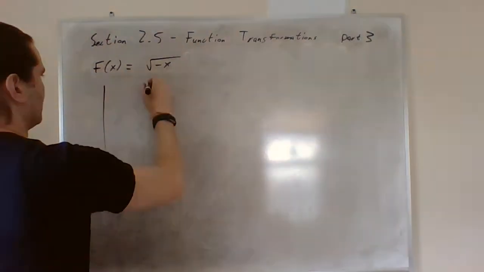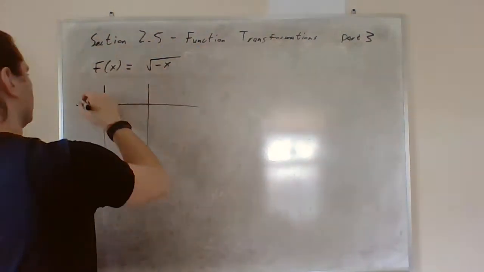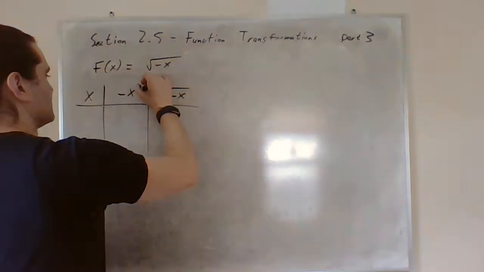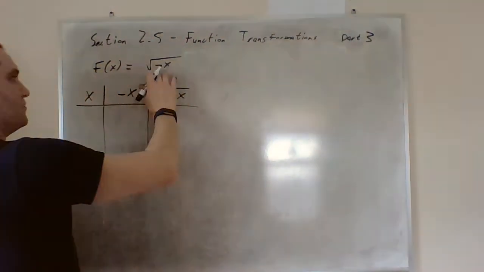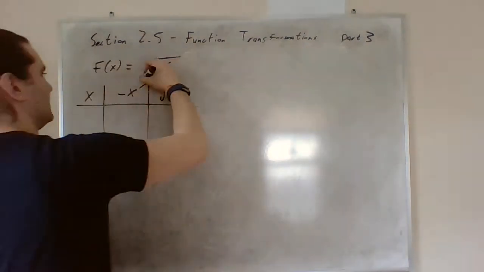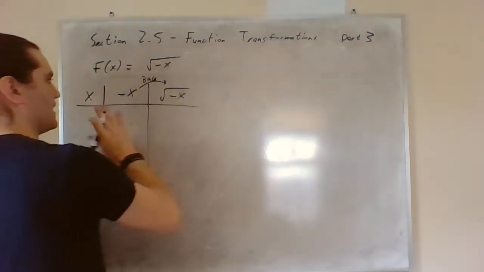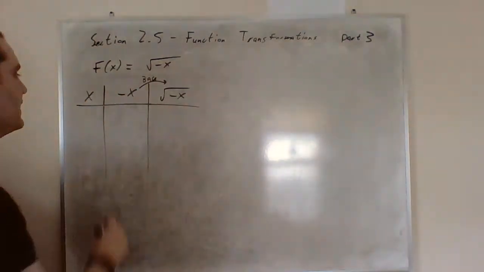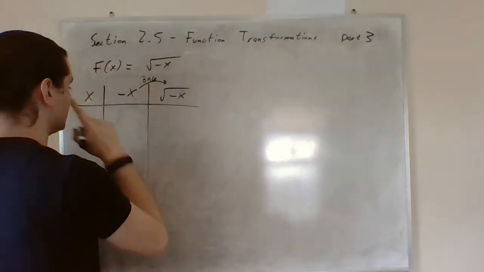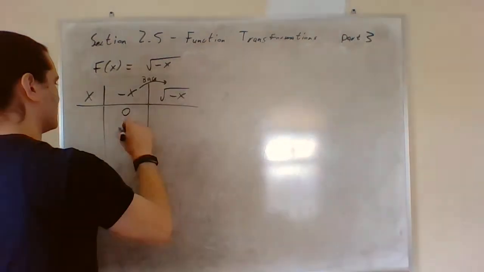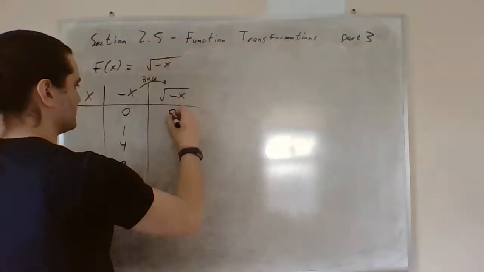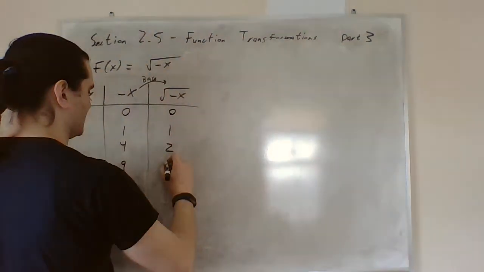We're going to make our 3-column table. We're going to have x, negative x, and then the square root of that. So as usual, when the transformation is on the inside, the base function is what happens between columns 2 and 3, which means I'm going to start with this. I want these numbers to be 0, 1, 4, and 9, so that their square roots are the nice easy 0, 1, 2, 3.